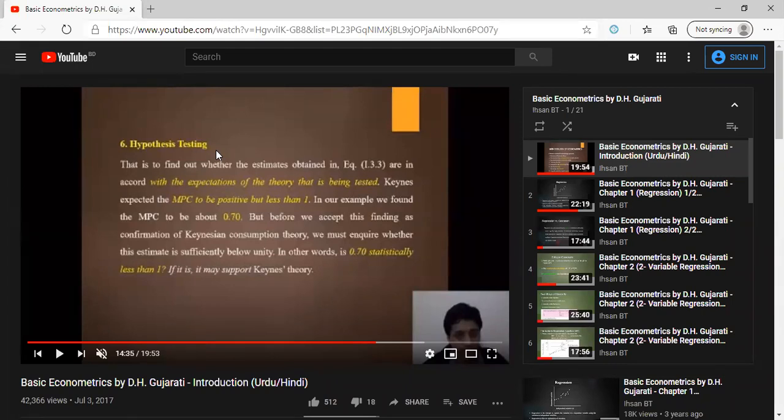Actually, whenever you test, from now on, never ever forget: you always test the population parameters. So when you test mean, what do you test? Population parameter.